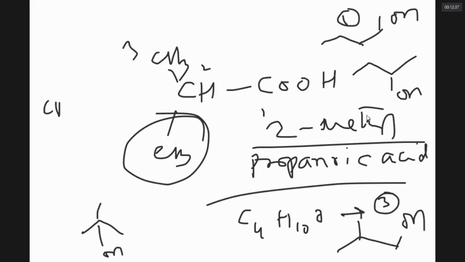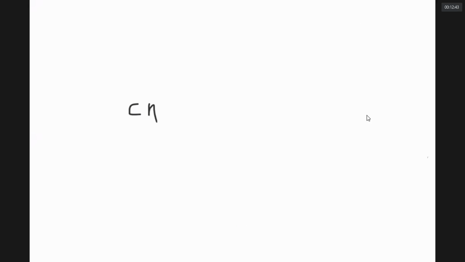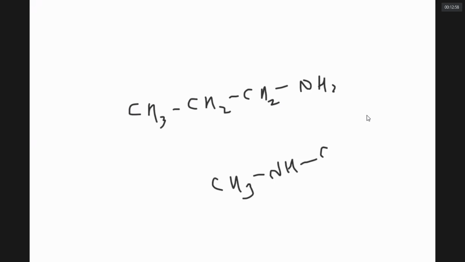Primary amine is this. For example, this is a primary amine. This is a secondary amine. This is the tertiary amine.